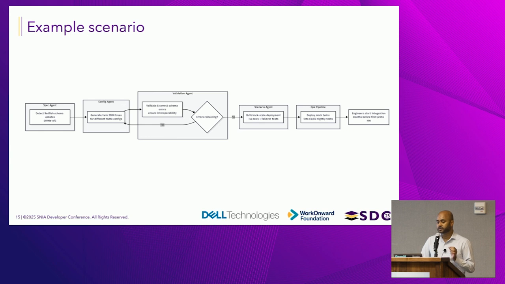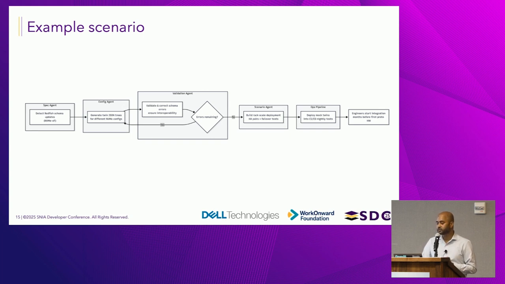Here is one very simple workflow, a scenario where we have put an agentic flow for the digital twin. Now imagine a storage vendor who is building an all-flash array. We have like five agents working together. There is a specs agent which detects the new Redfish schema. Second is the config agent which generates the JSON tree for the NVMe config.